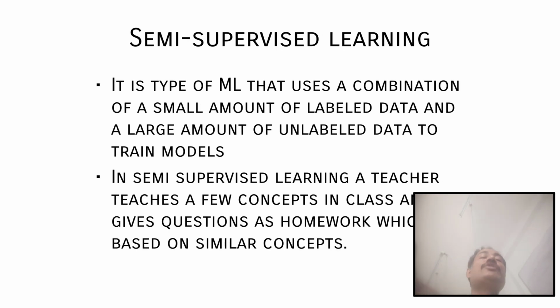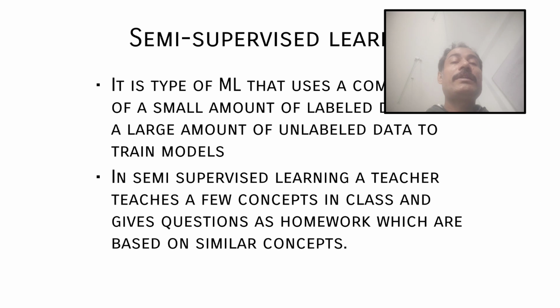In contrast, there is semi-supervised learning, which uses the concept of both supervised as well as unsupervised learning, where a very small set is used for the supervised section and a large set is used for the unsupervised section. In semi-supervised learning, a teacher teaches a few concepts in class and gives questions as homework which are based on similar concepts.